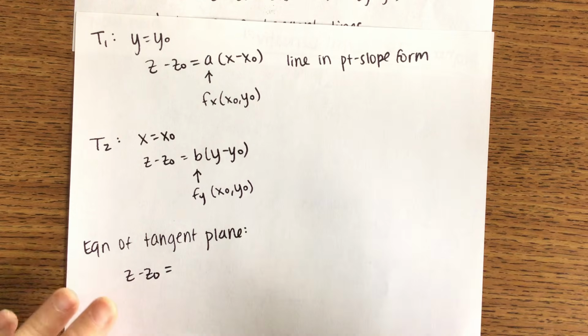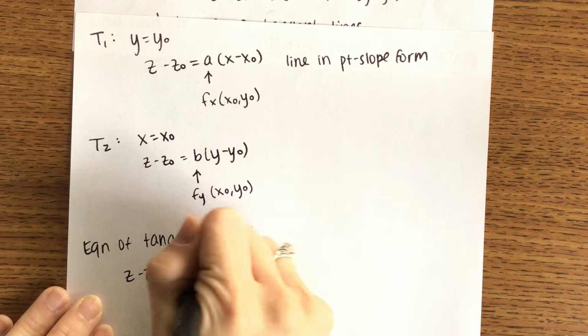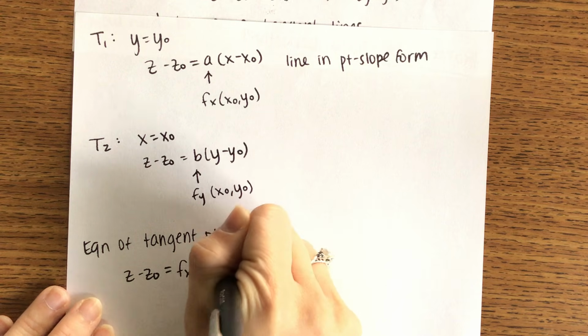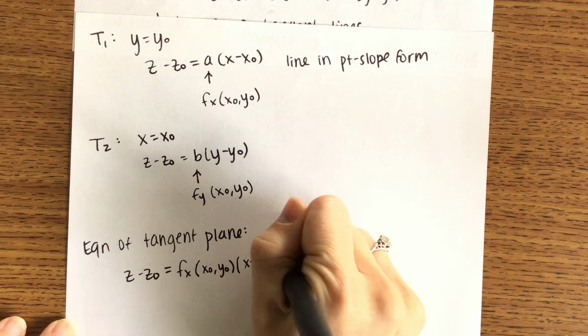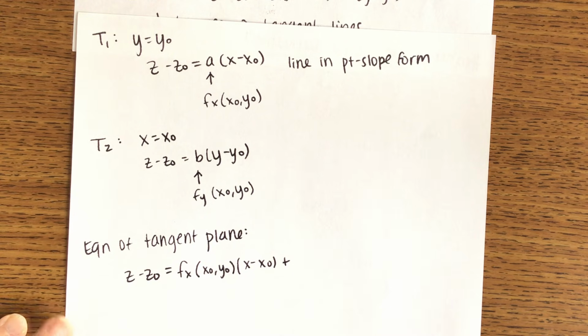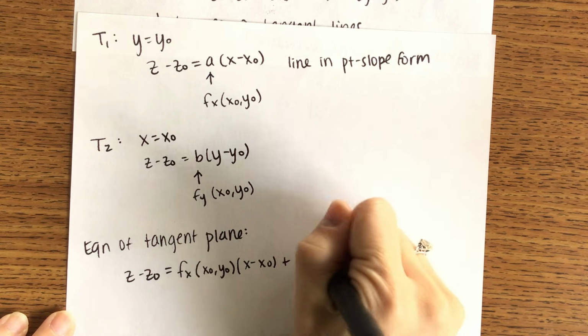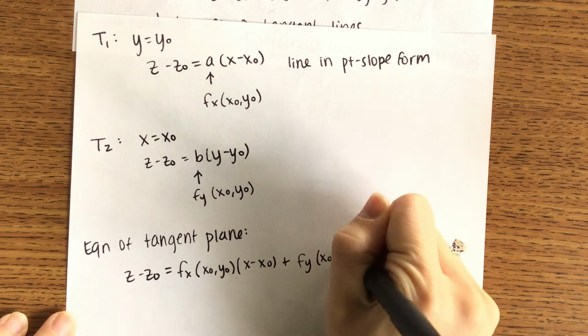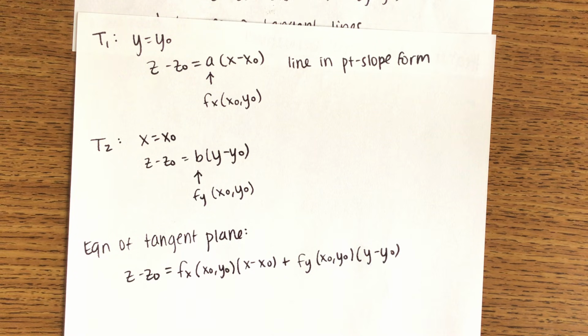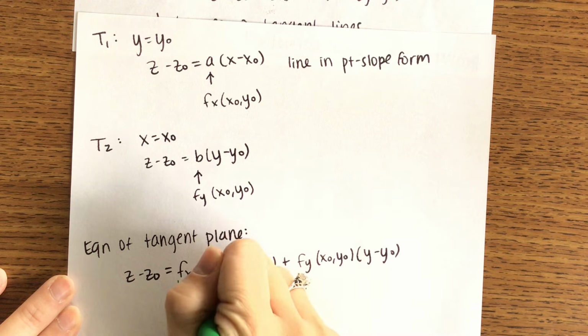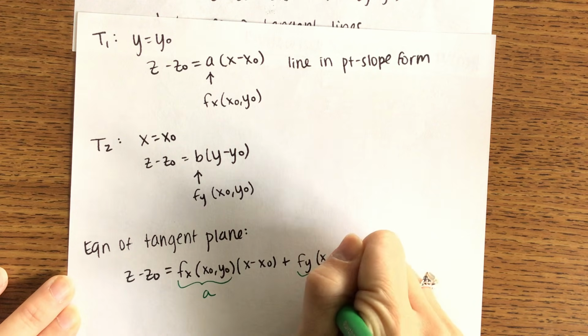So we get z minus z naught equals partial derivative with respect to x at the point x naught, y naught, times the quantity x minus x naught. And then it's plus b, but we found b to be the partial derivative with respect to y at x naught, y naught. So that whole thing is the equation of the tangent plane. That's a, that's b.